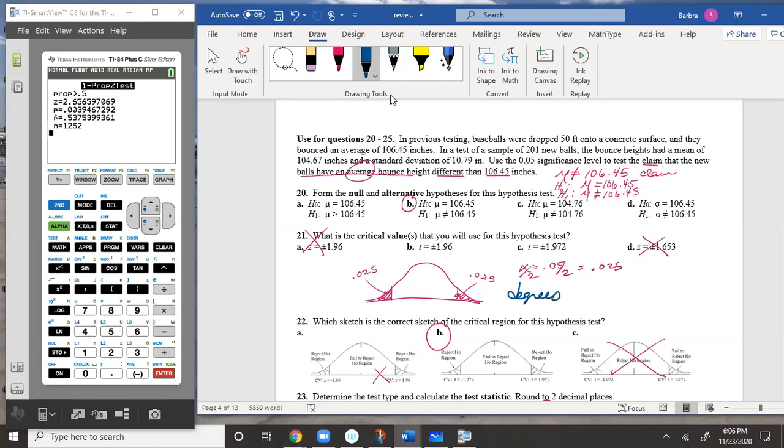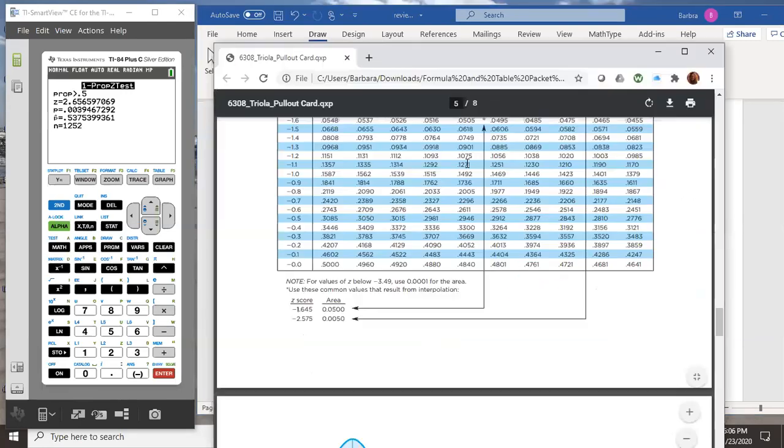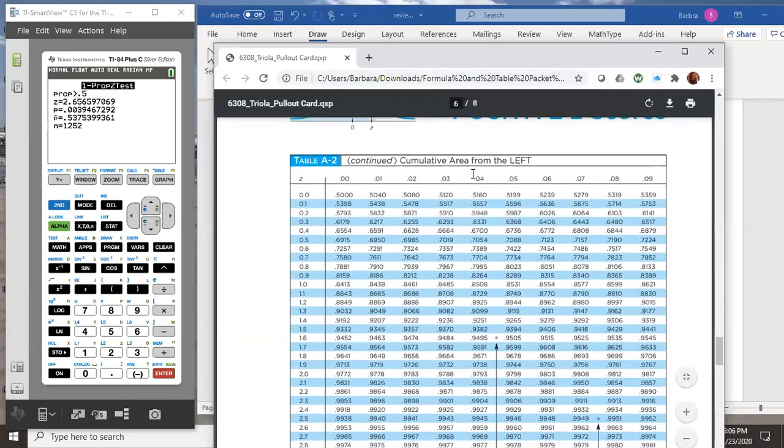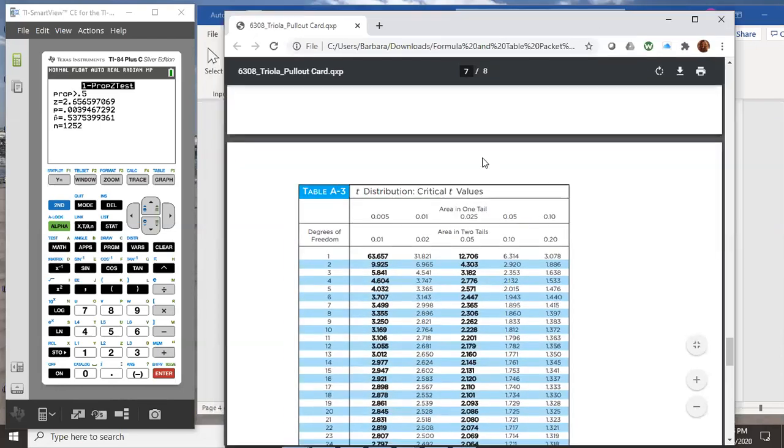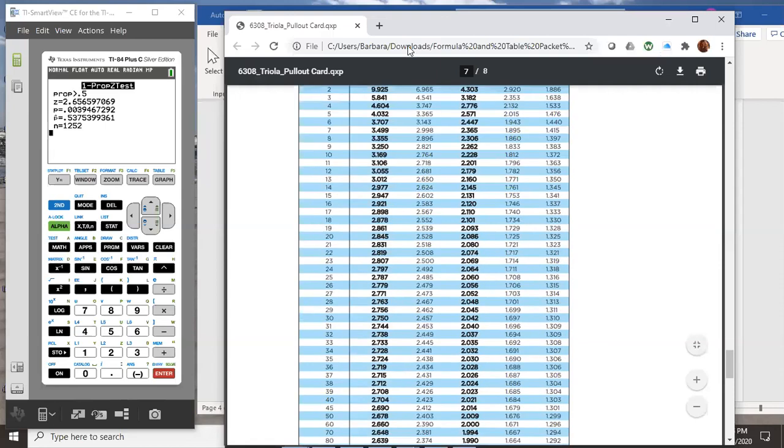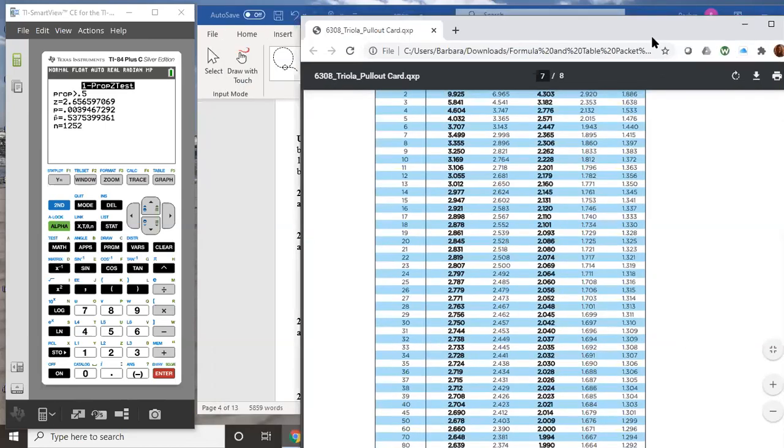So the degrees of freedom is n minus 1, which is 200. So that's what we're going to need. And the area in one of the tails is 0.025. All right, so we're going to the t to find critical values. Degrees of freedom is 200, and the area is 0.025.